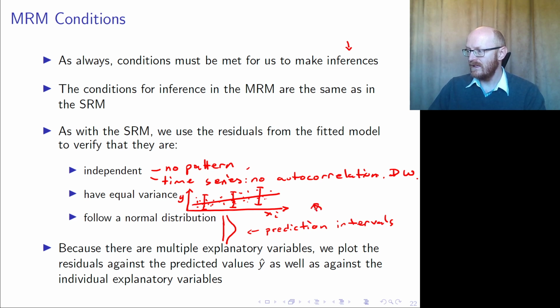So if these conditions are met, then our prediction intervals are correct. Okay. So what we can do is plot the residuals against the predicted values of y, as well as against every single x variable. Okay.